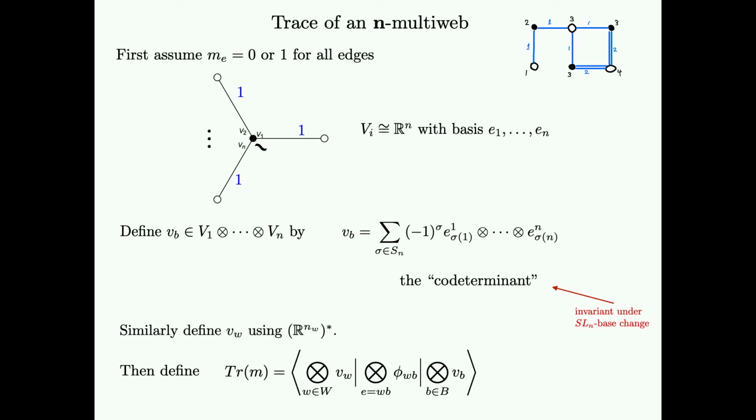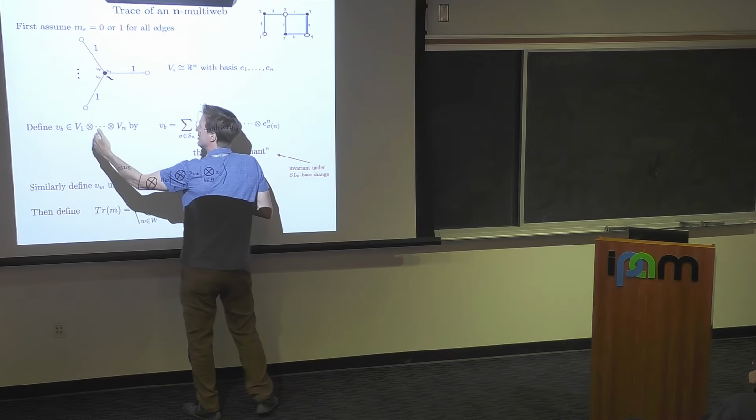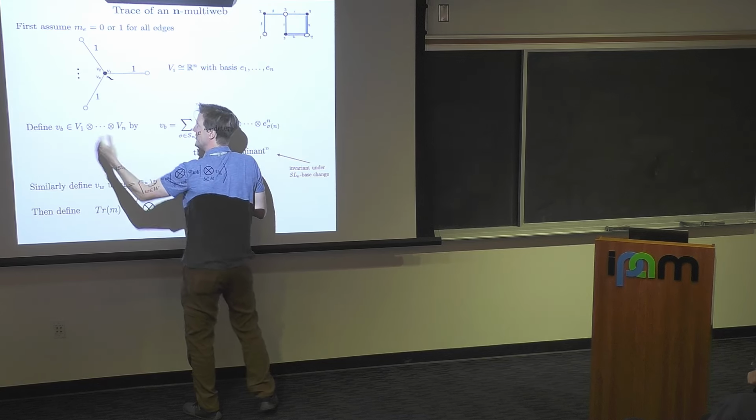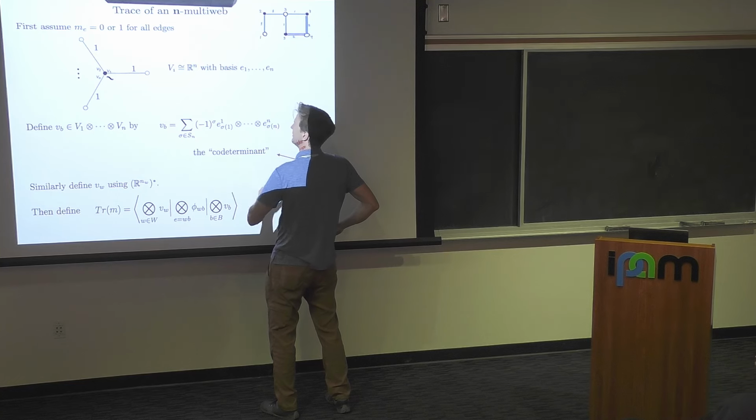I take their tensor product, and I'm going to define a particular element of that tensor product called the codeterminant. And here's the definition. It's an element in this tensor product of n-dimensional vector spaces. You sum over the symmetric group S_n.